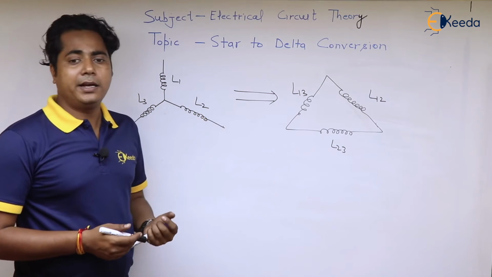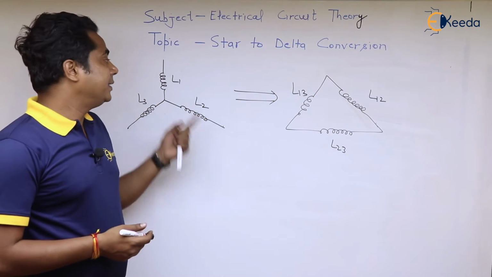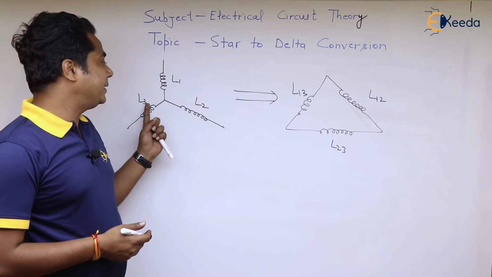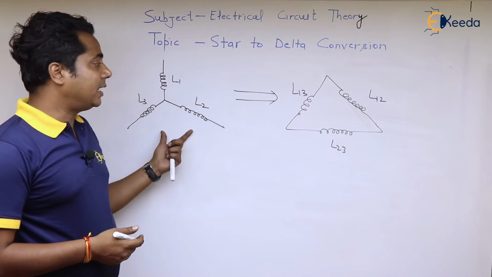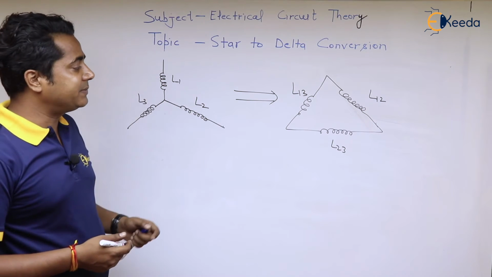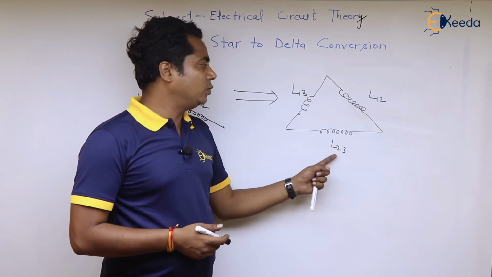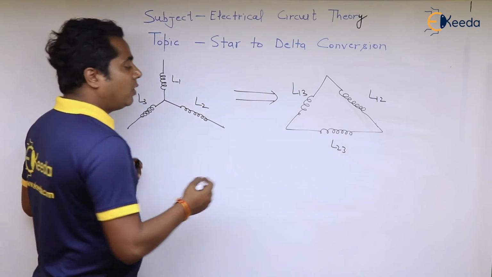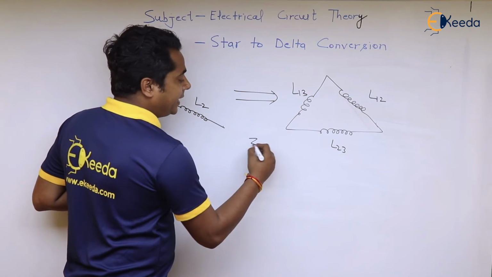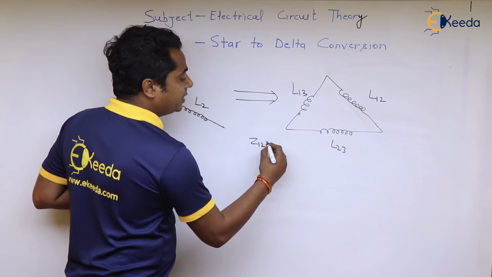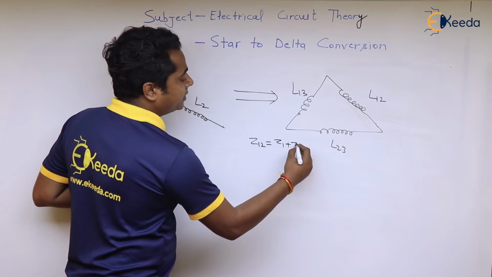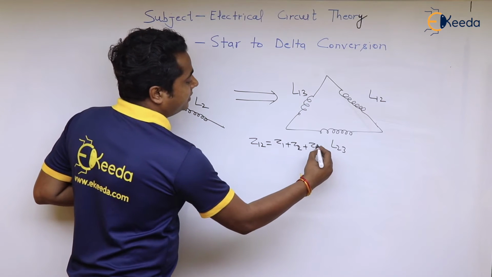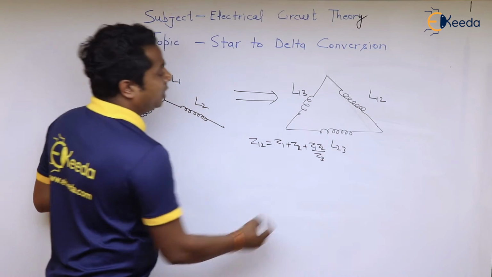Here we are taking inductance values. Three inductances L1, L2 and L3 are connected in star and we are converting into delta, correspondingly L12, L23 and L13. What will be the value of L12? We are taking help of impedance. Z12 was Z1 plus Z2 plus Z1 Z2 upon Z3.